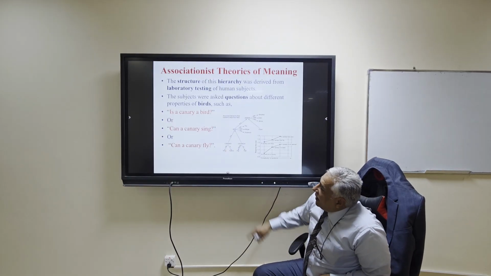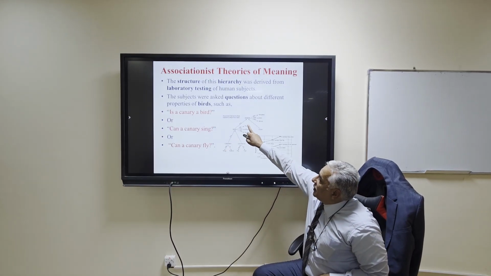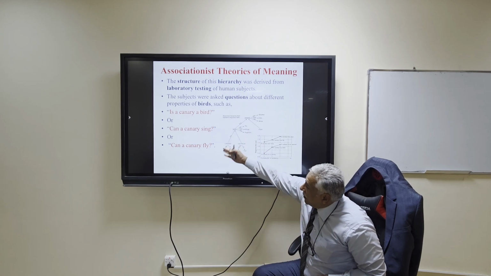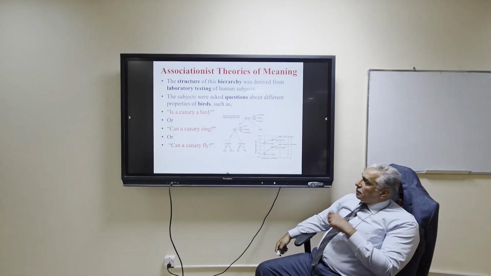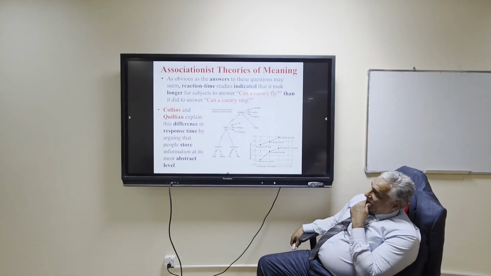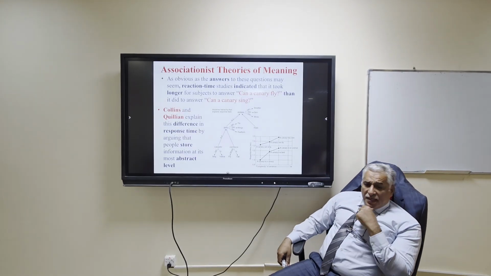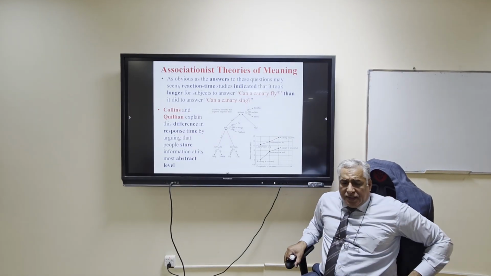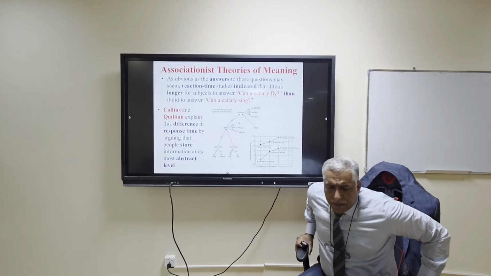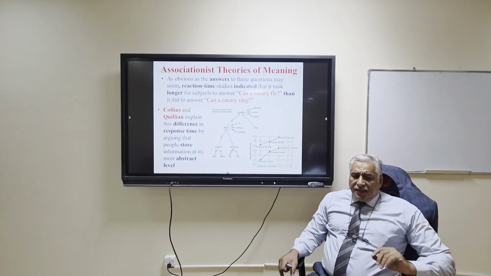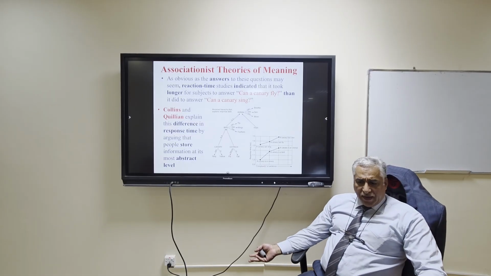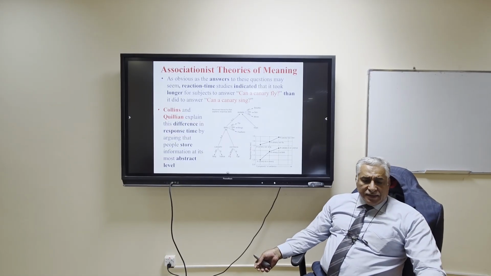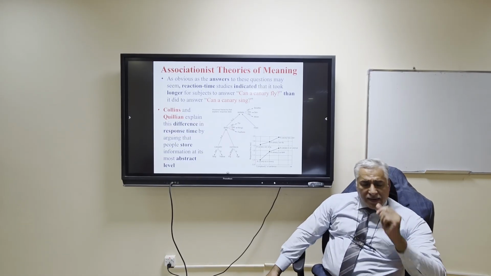Can a canary fly? As obvious as the answers to these questions may seem, reaction time studies indicated that it took longer for subjects to answer can a canary fly than it did to answer can a canary sing.